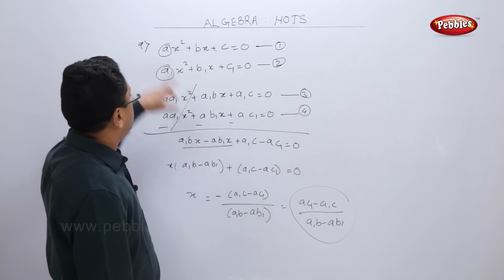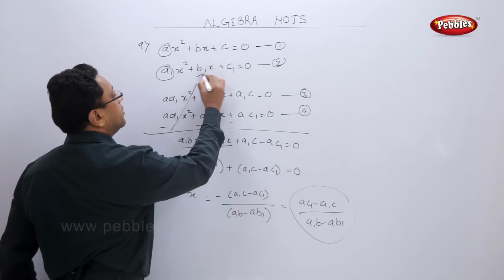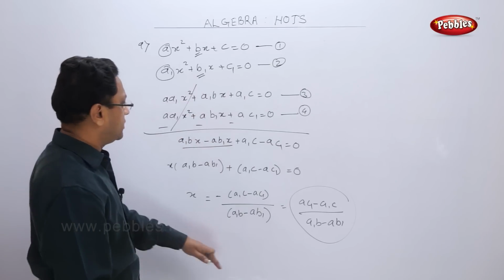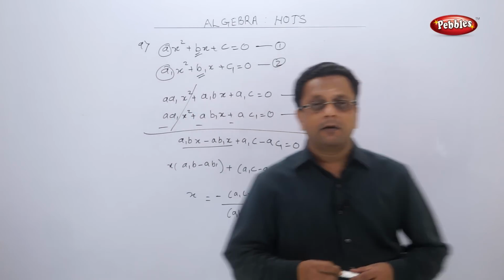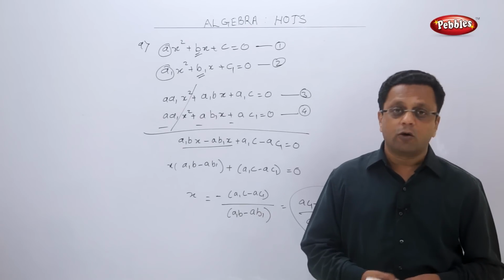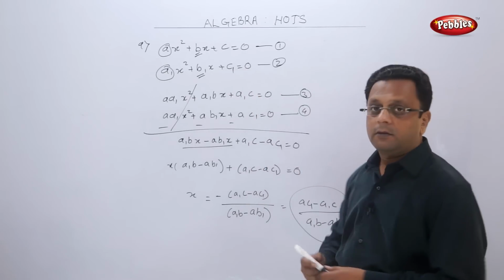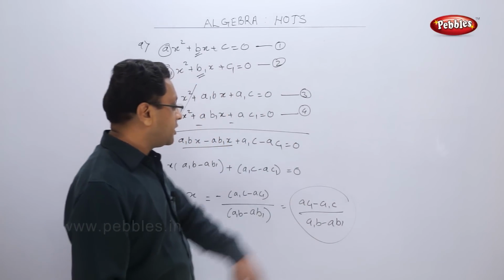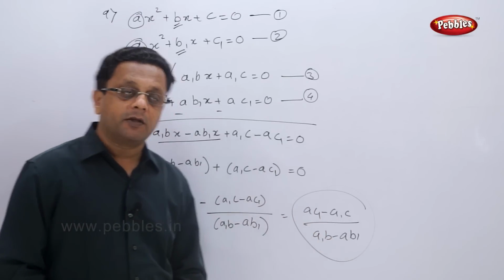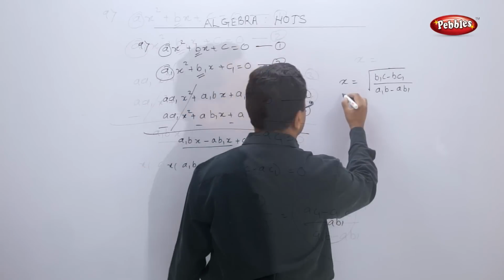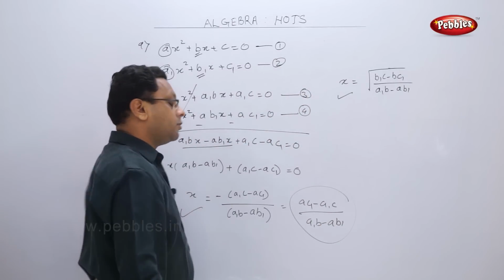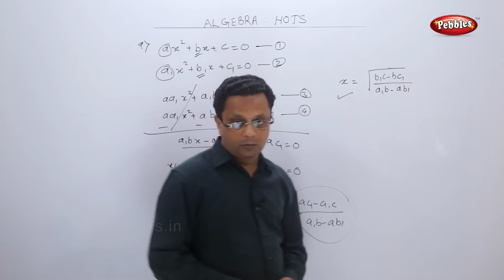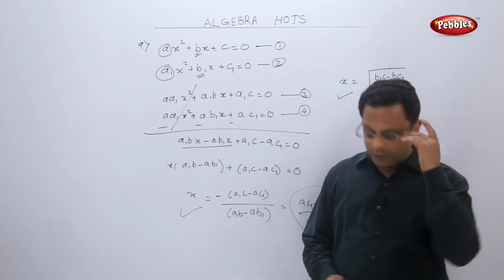Secondly, we will multiply the first equation by b1 and the second equation by b, similar to this case, and then subtract, and then you will get the value of another x. I hope you must have solved this second equation, and the first value of x we have got is ac1 minus a1c upon a1b minus ab1, and the second value of x is this. So these two are the common roots of these two quadratic equations. Okay, let's go ahead.